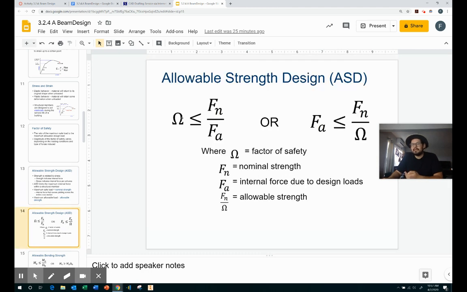So when I say something like, this omega symbol is safety factor. So when I say the safety factor must be less than or equal to the nominal versus allowable, what we're referring to is that the nominal is saying what is a safe load condition. So something like an elevator can take on 5,000 pounds.